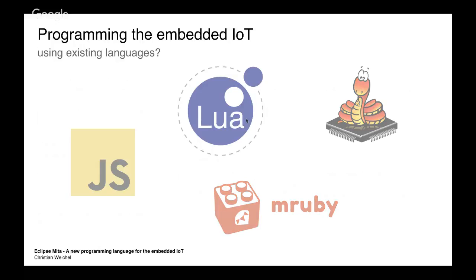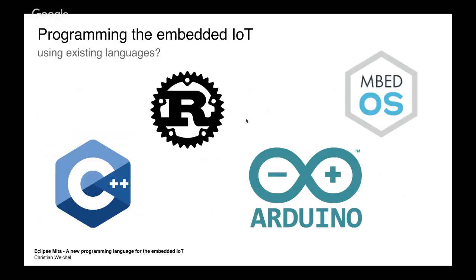Then there's a separate set of programming languages and libraries that are worth looking at, most notably C++, which is a question that comes up quite often. Why not use that? C++ has a lot of accidental complexity that makes it really hard to write memory-safe programs, particularly on the embedded.